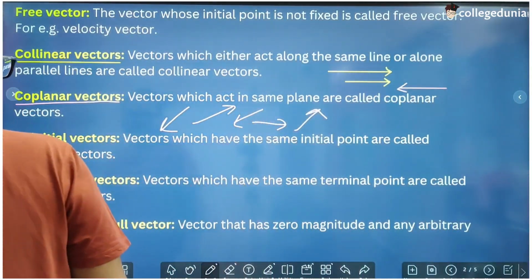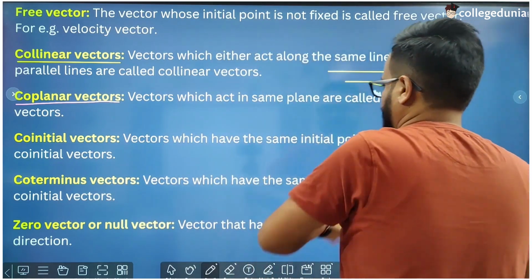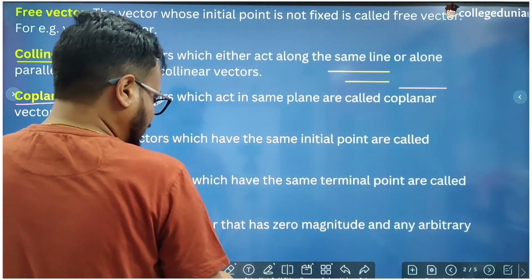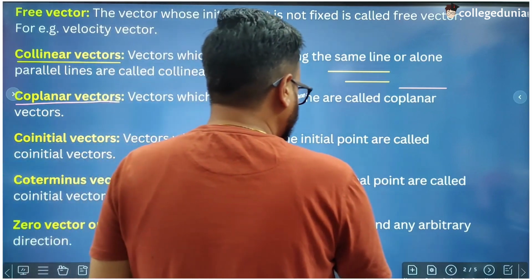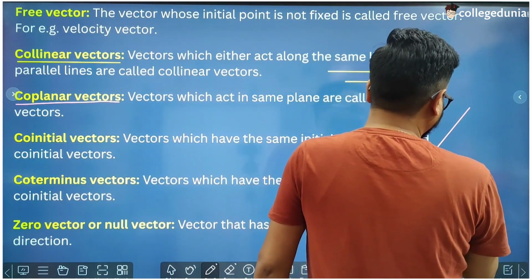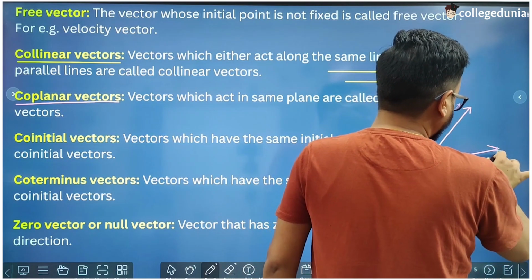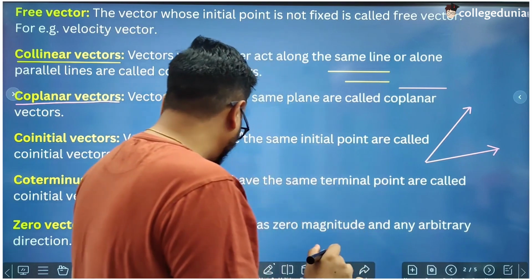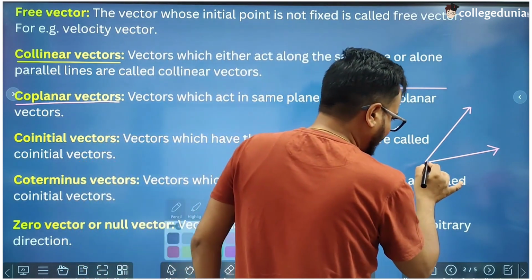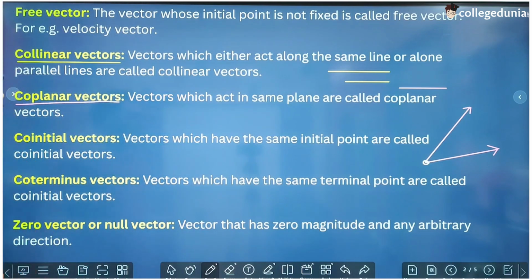Co-initial vectors. Co-initial vectors are the vectors which have same initial point. For example, these two vectors are co-initial because they have same initial point. This is the initial point of the vectors and the initial point of both these vectors is common.